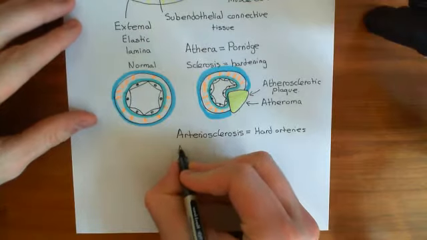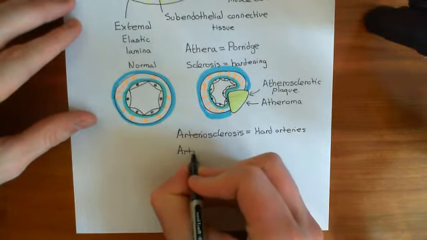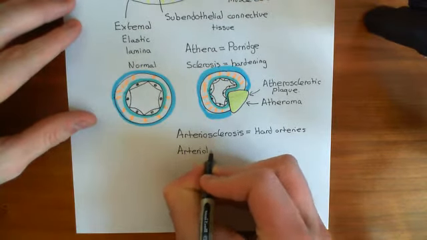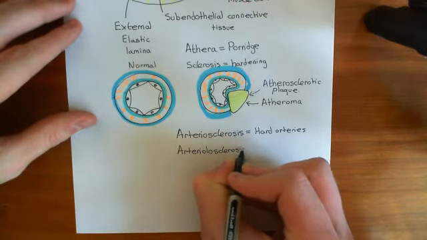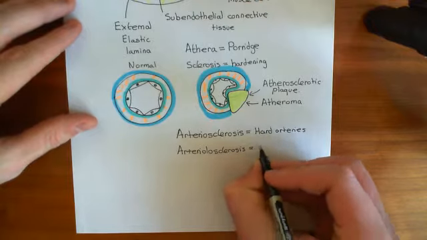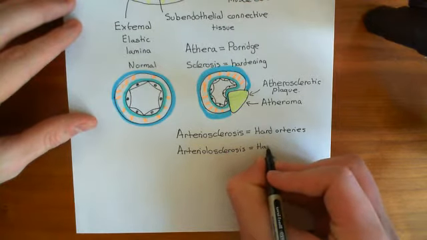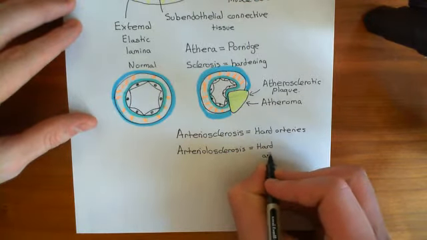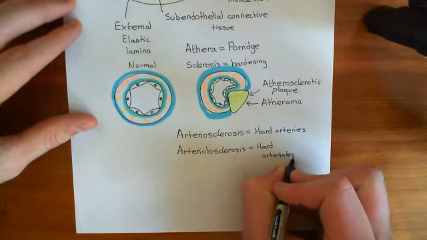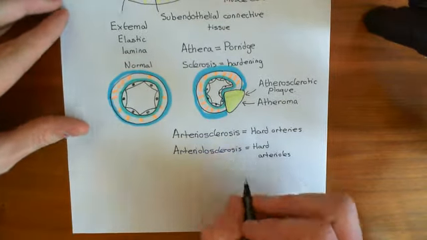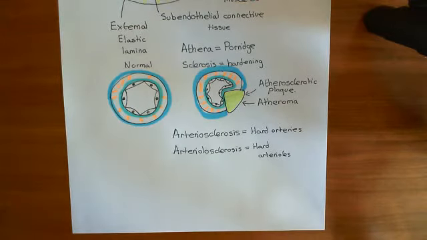Then finally, one other piece of terminology, arteriolosclerosis, that you may occasionally hear. This means hardening of the arterioles, so hard arterioles specifically. Okay, so arteries are big blood vessels like the aorta, the renal artery, whereas the branches that come off arteries, they're slightly smaller, but they've still got large amounts of smooth muscle around them.